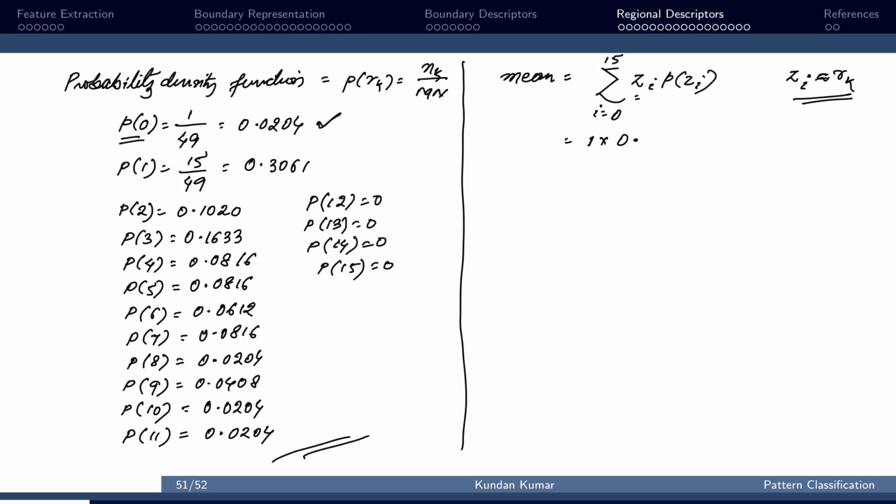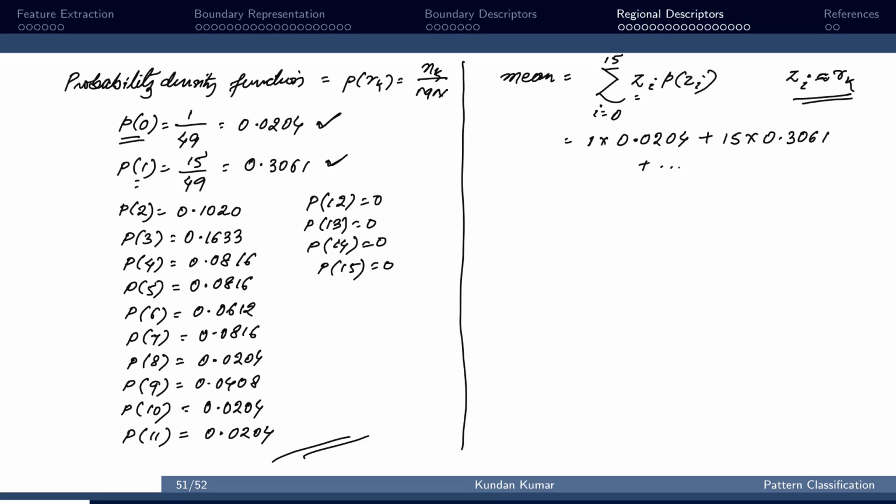We will write like this, plus the next, intensity value 1 with frequency 15, into the probability of occurrence of intensity value 1, which is 0.3061.